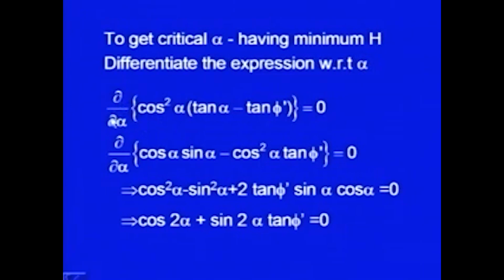So, del by del alpha of cos square alpha into tan alpha minus tan phi dash, this we are going to put equal to 0. Let me multiply this. Cos square alpha into tan alpha becomes cos alpha into sin alpha, and here cos square alpha into tan of phi dash.